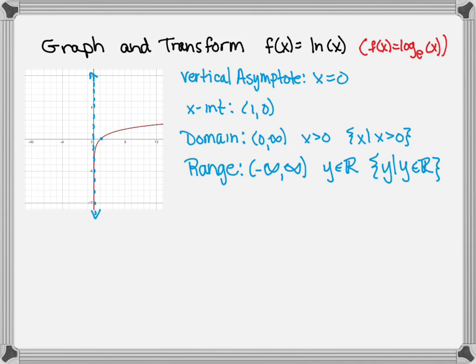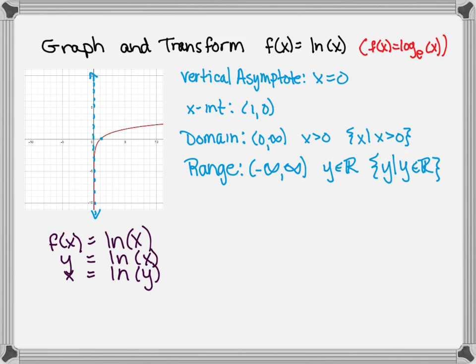So I do want to point out a relationship between the natural log function and f of x equals e to the x. To see that relationship, let's take our natural log function and find its inverse. Remember, to find the inverse, we'll change f of x to y. We will swap x and y, so now I have x equals the natural log of y.